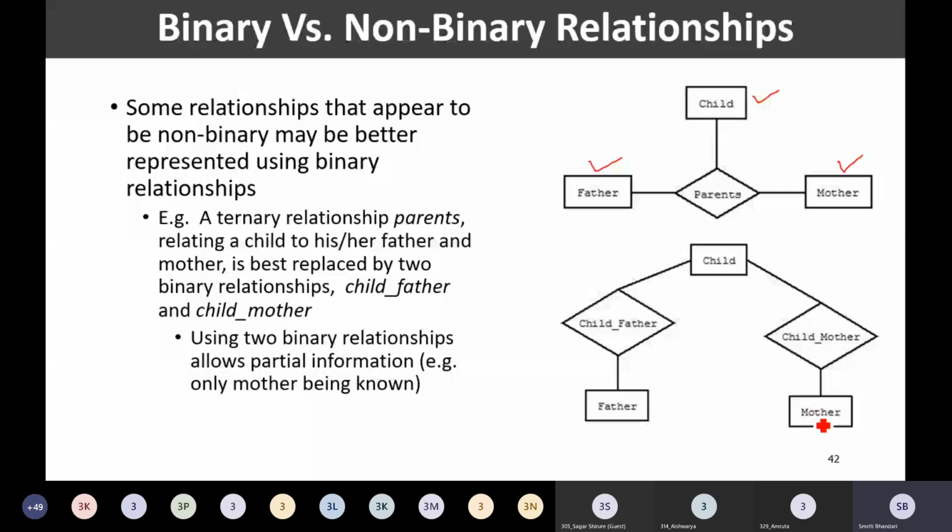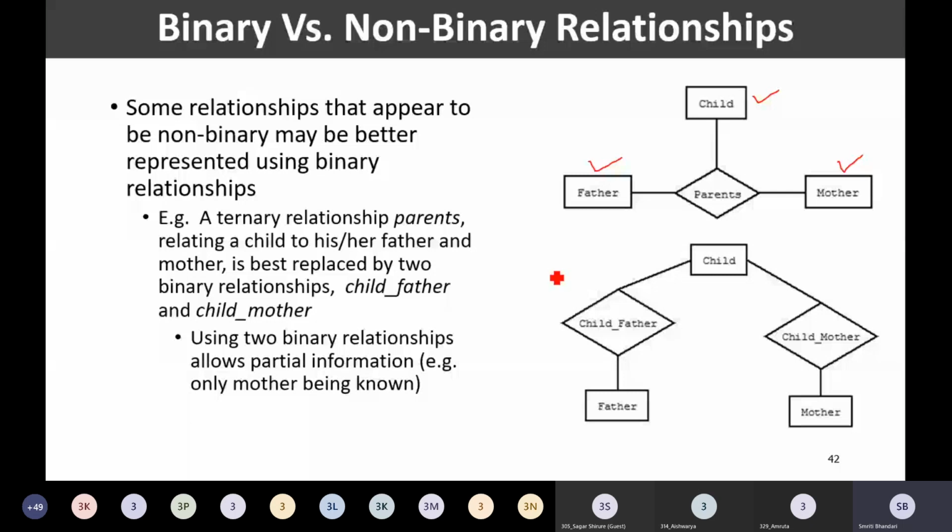Am I correct? Can we represent the same ternary relationship like this? The child is associated with the father and child is associated with the mother. Is it possible to represent like this, using two different binary relationships?